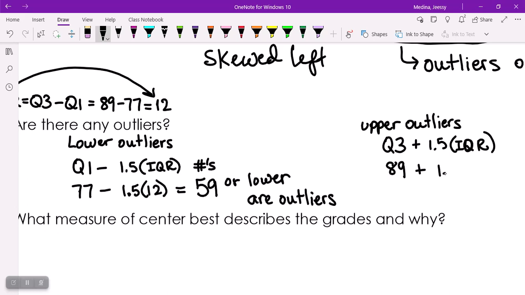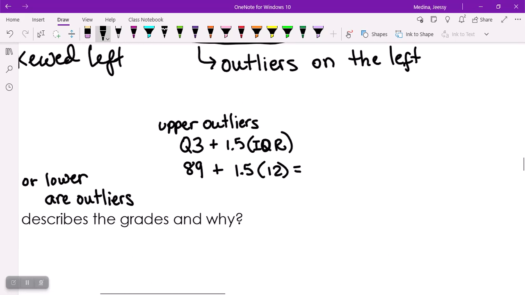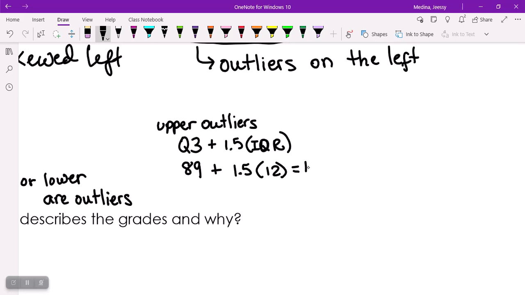Plus 1.5 times 12. How much does that give us? 107. So the numbers that are 107 or greater are outliers.